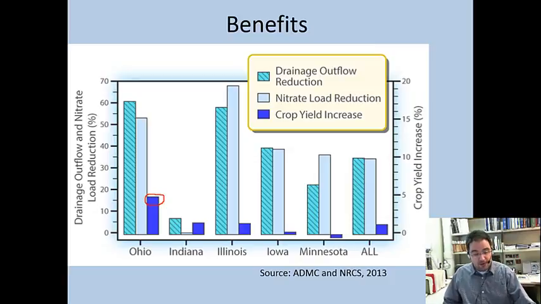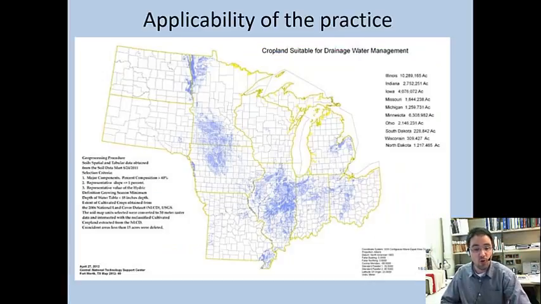Okay, so now we've kind of talked about the issues, why we might want to do drainage water management, what might be some of the benefits, what the performance is that we've seen. The next question might be, how applicable is it throughout the Midwest? And so this is a map developed by NRCS, by the Central National Technology Support Center.